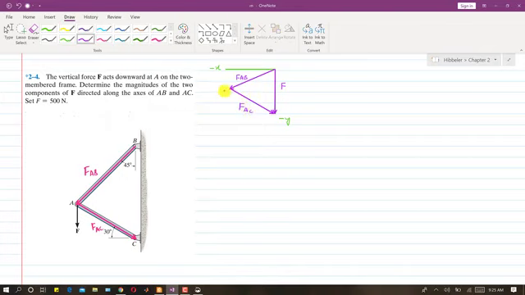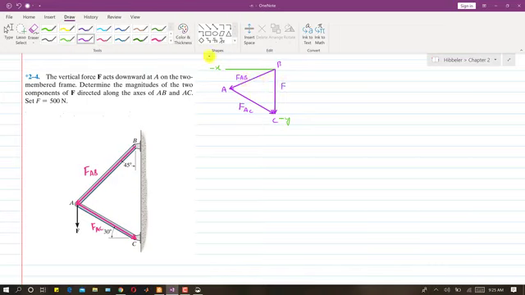This will be point A, this will be point B, and this will be point C. If these two forces are the components of this force, then these two components should add up to give this force as a resultant.